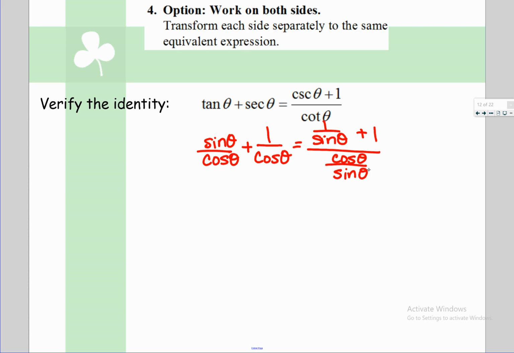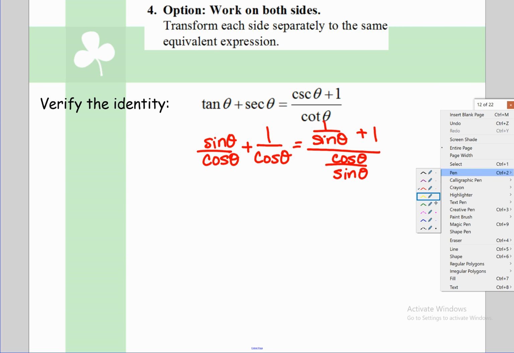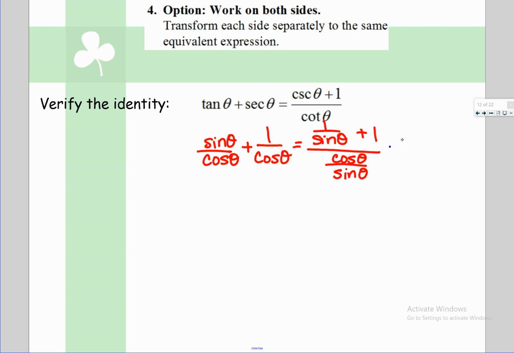Okay, so now there's something we could do on the left or the right. Doesn't matter. Any ideas that could make either side simpler? Just algebra right now. Okay, good. So again, I've got those fractions inside of a fraction that are kind of gross.